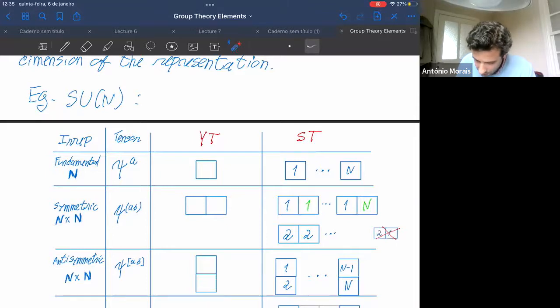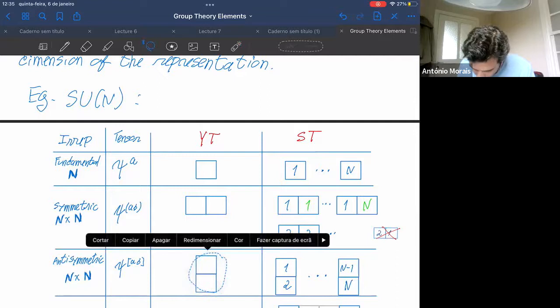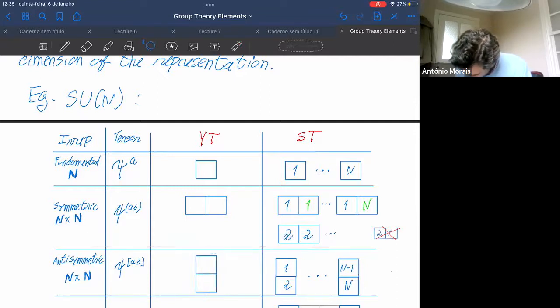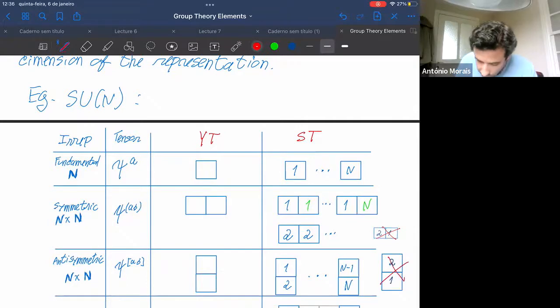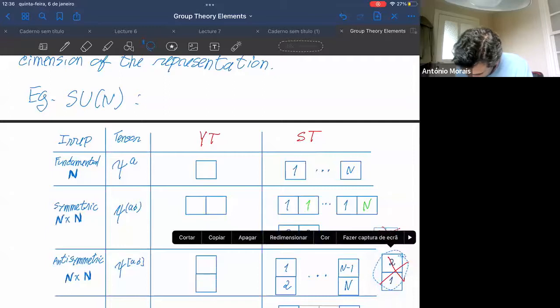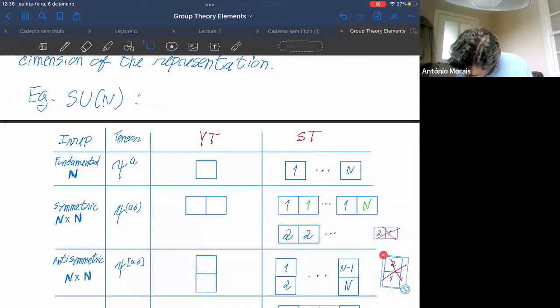And once again, a forbidden possibility would be something like 2 2 or 2 1 here. So this is also not possible.